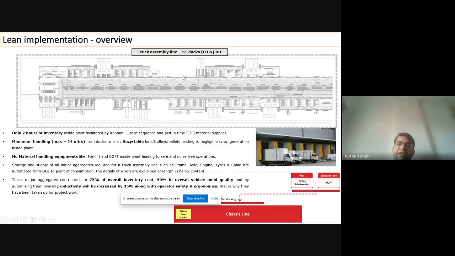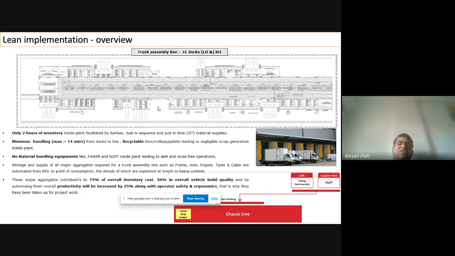The main part here is that there is not much material handling equipment like forklifts or battery operated pallet trucks required, because the material is supplied next to the assembly line. This is a very unique concept in the commercial vehicle industry that we have done, I think, first in India.